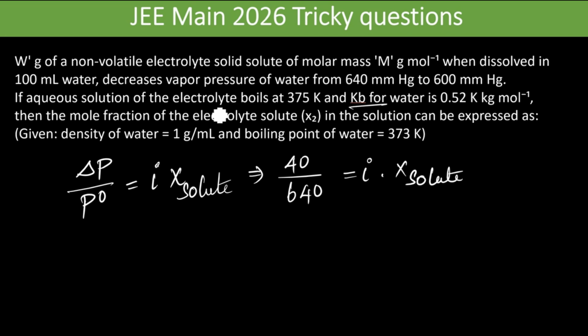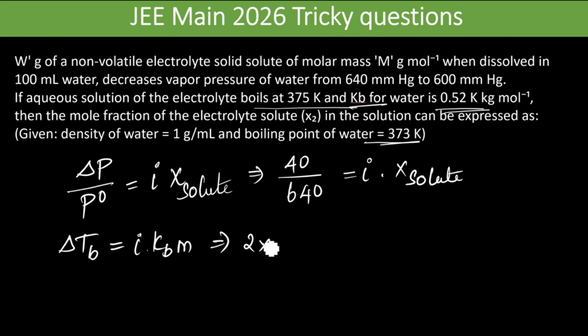Next we have Kb. The aqueous solution boils at 375 and Kb of the water is also given, and the pure water boiling point is also given as 373. So delta Tb will become 2 Kelvin, right? So delta Tb is equal to i Kb m. So 2 equals i into 0.52 into m, weight by molecular weight by how many grams? 100 ml of water, so which will be 0.1 liters.